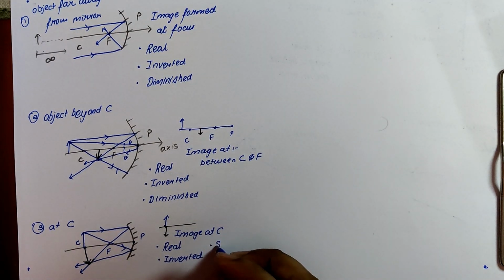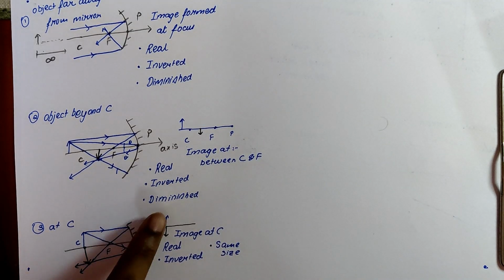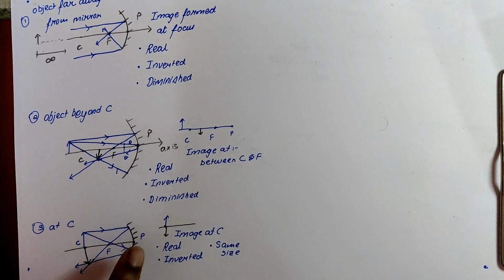It's going to be of the same size, because the size did not change, which means the only thing that I've changed is the inverted part. This object is real, the image is real, it's of the same size and it's only inverted.